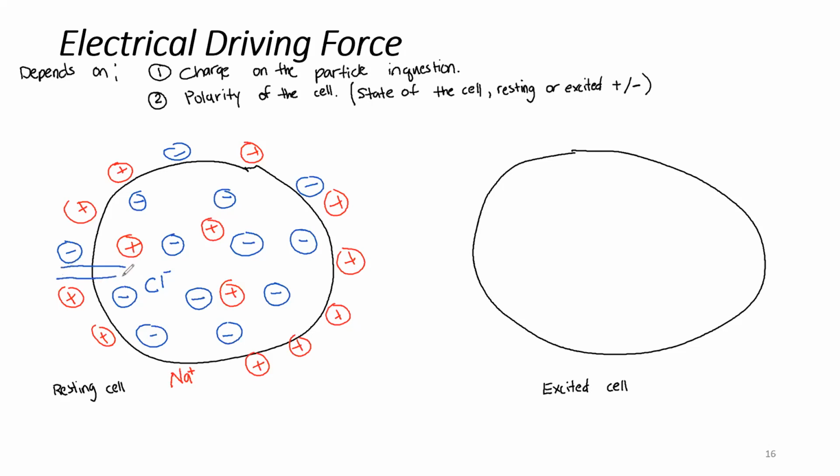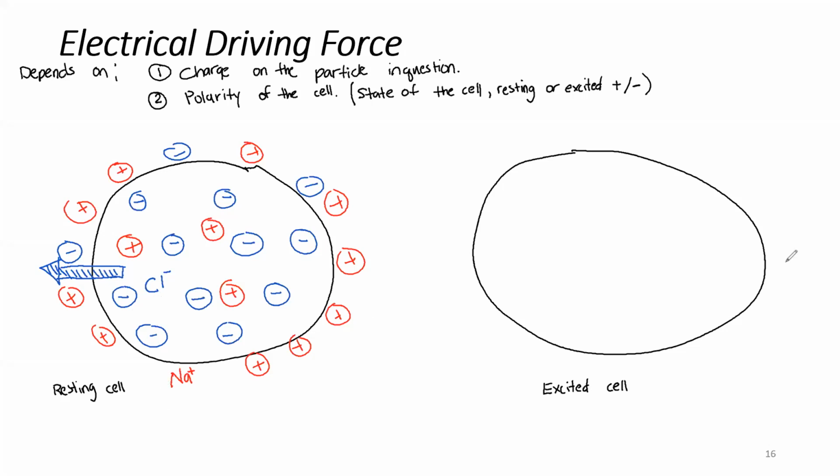And so this is what we mean by that electrical driving force. It's going to move the particles according to, one, the state of the cell. So where is there a more positive environment? It's also going to move according to the charge on the particle. So because it's a negatively charged particle, and because the outside of the cell is more positive, we're going to try to move chloride outside. So there's a force acting on chloride trying to move it out.